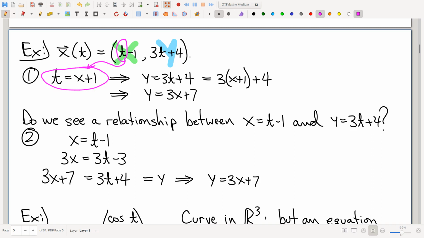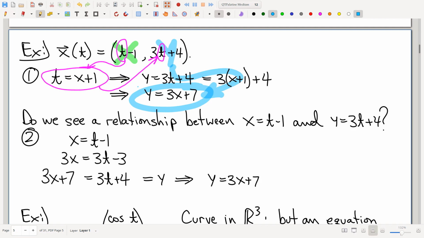You can then take what you solved for t in the first equation and plug that in for t in the second equation. And then that second equation, y equals 3t plus 4, turns into y equals 3x plus 7.